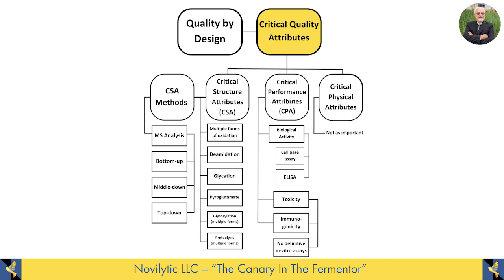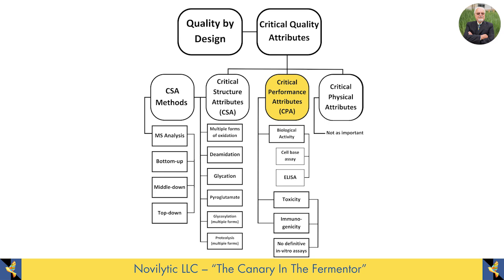If you look at the critical quality attributes as you come down, there is a so-called performance attribute, which is whether the molecule actually acts the way it should. The function of a therapeutic protein is to be therapeutic, and that's what a performance attribute is.